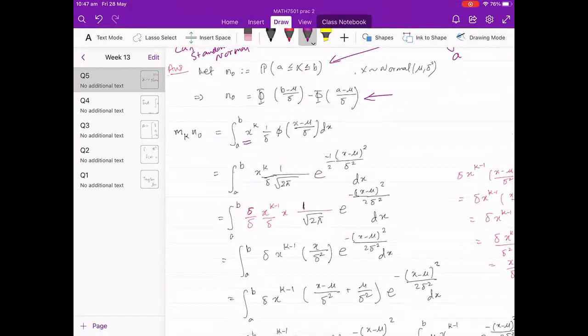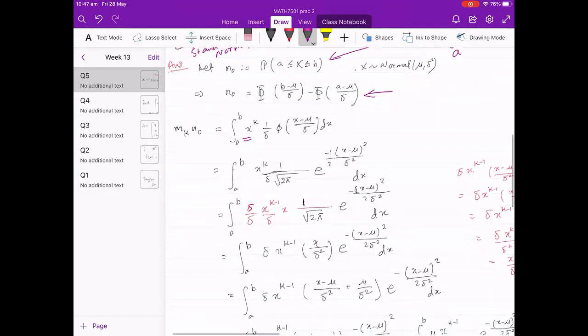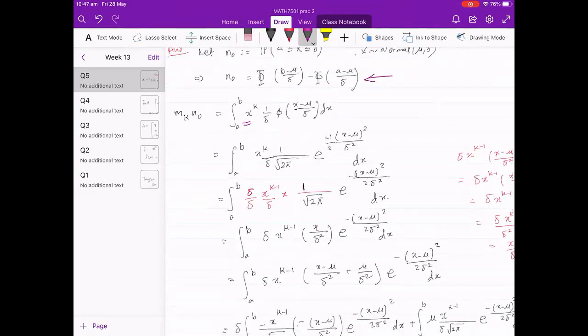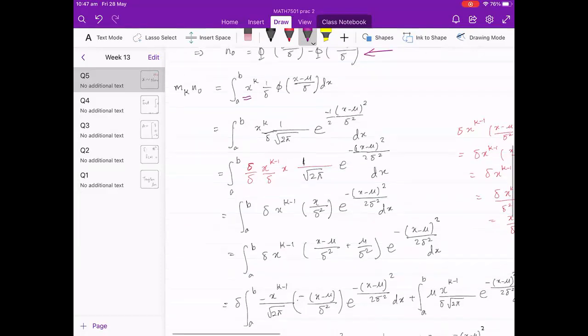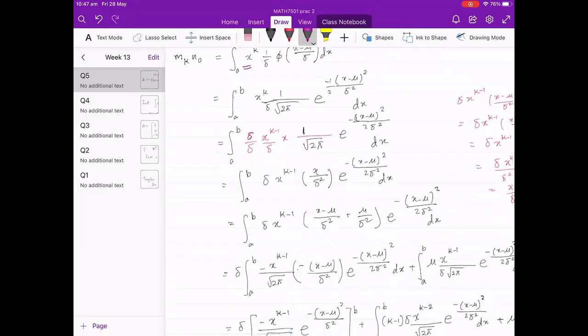That's equal to the integral of x to the power k times the CDF of standard normal, scaled by sigma. Now this is rearranging x to the power k and sigma.